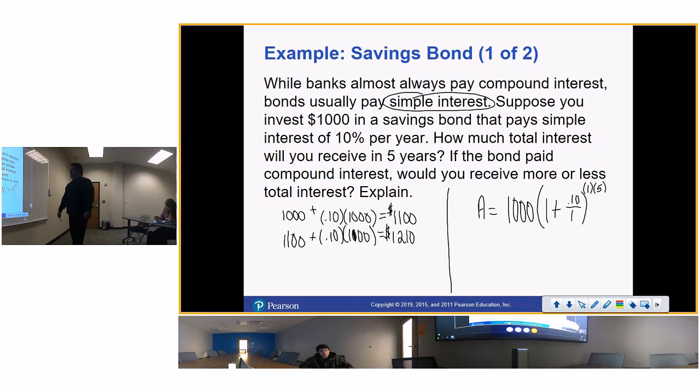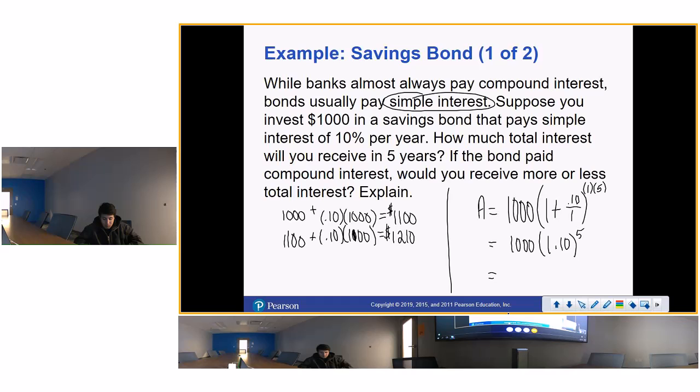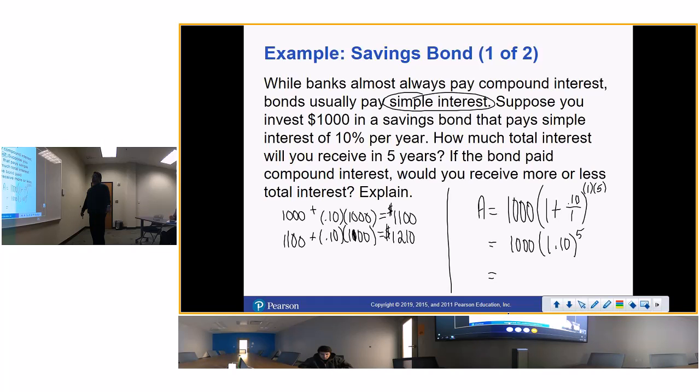So here you're going to take, that's going to be 1.10, so 1,000 times 1.10 raised to the 5th power. And what does that come out to be? What's 1.10 raised to the 5th power times 1,000?